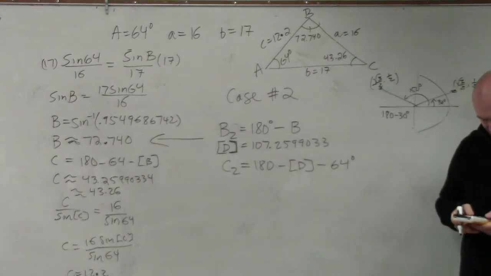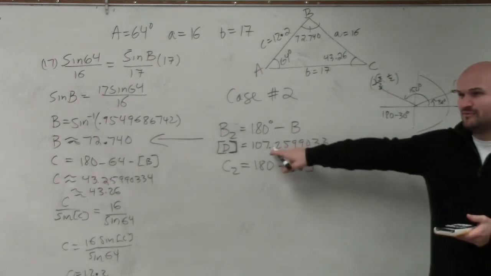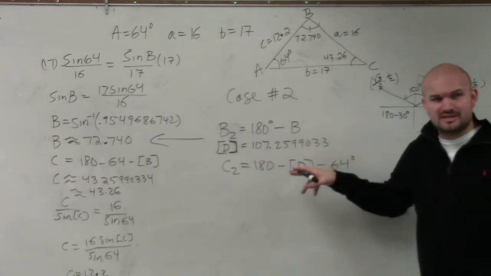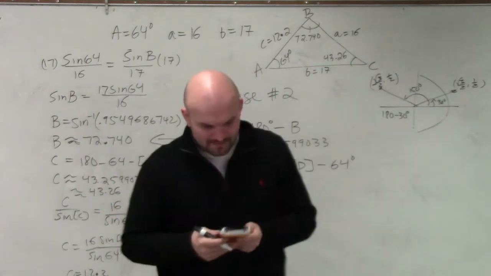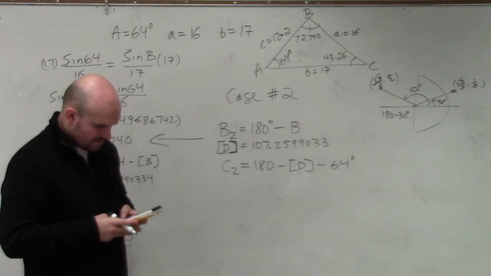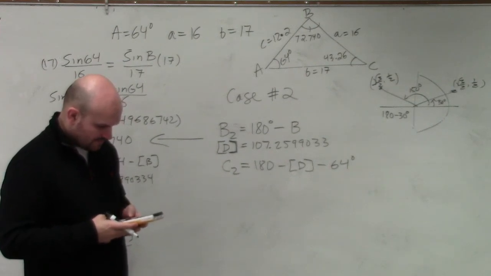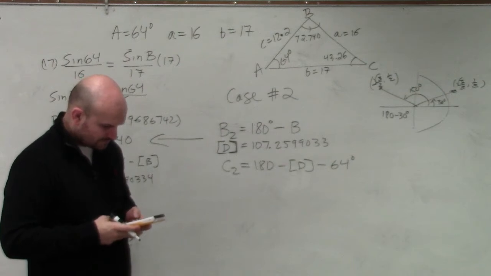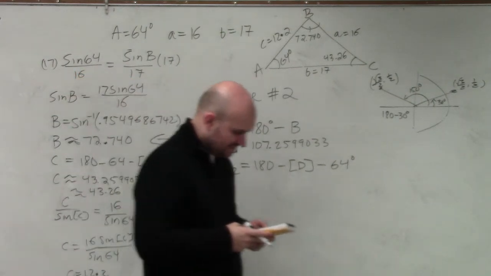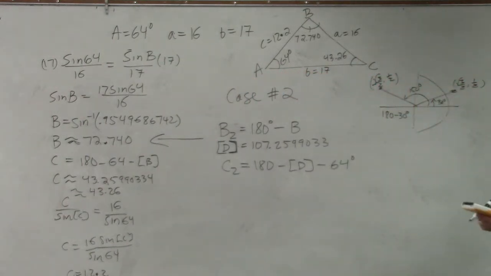So I'm going to store this as alpha D. And again, you don't need to store this. If you just want to write down the whole answer, just write down the whole answer. I'm just using calculator functions of storing. So I do 180 minus alpha D minus 64, and I get 8.7.